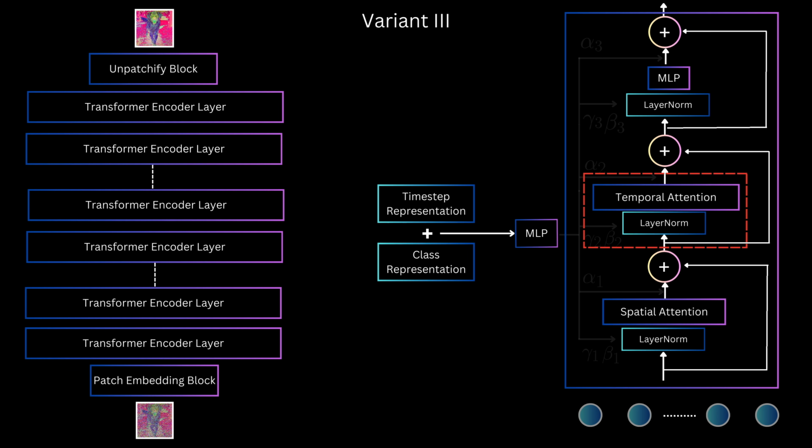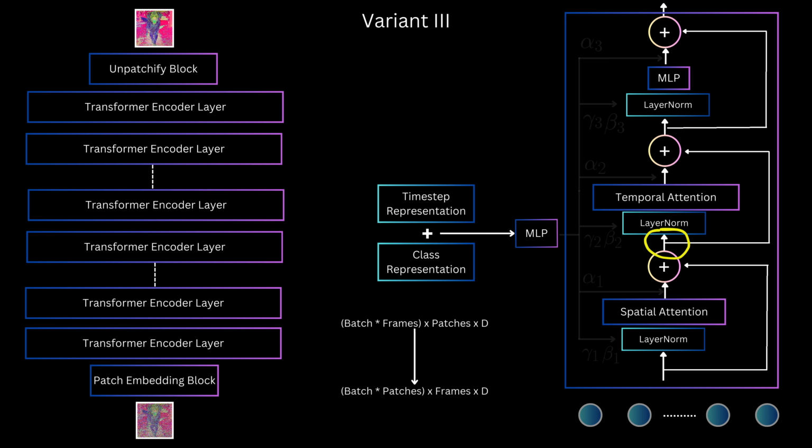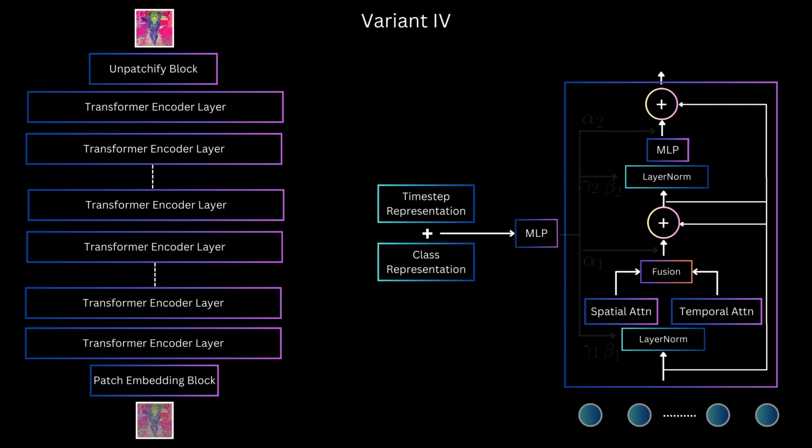So now the output of spatial attention would be batch size times frames cross patch tokens cross D. And prior to temporal attention, just like temporal encoder layers, we'll reshape it to be batch size times patches cross frames cross D. For the fourth variant, for the transformer block, the layer norm output goes as input to both spatial and temporal attention modules, both using half of the attention heads designated to the entire block.